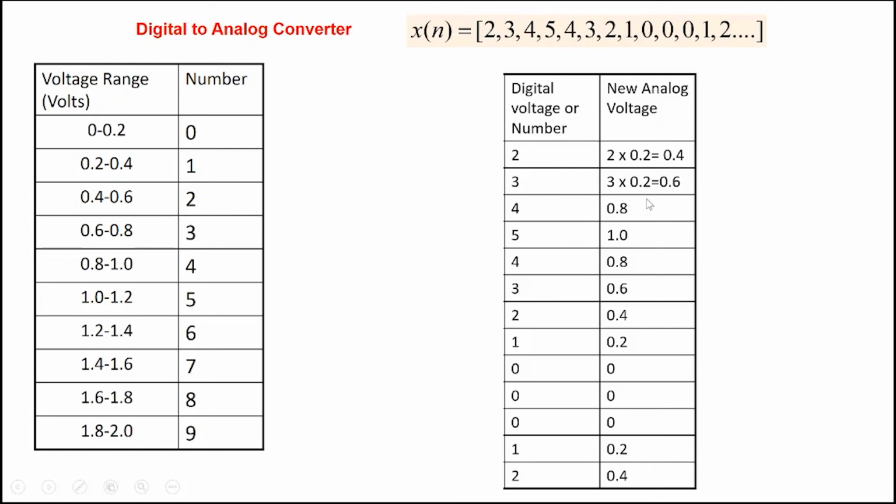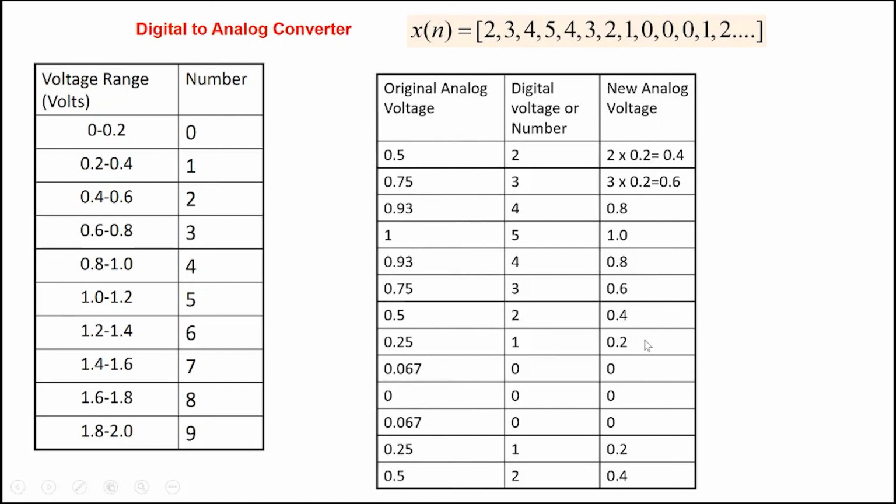When you get a 3, you get 0.6, and so on. Whenever you get a number, you multiply it by the interval in terms of voltage, which for us is 0.2 volt. And of course, you get these analog voltages at discrete intervals of time.